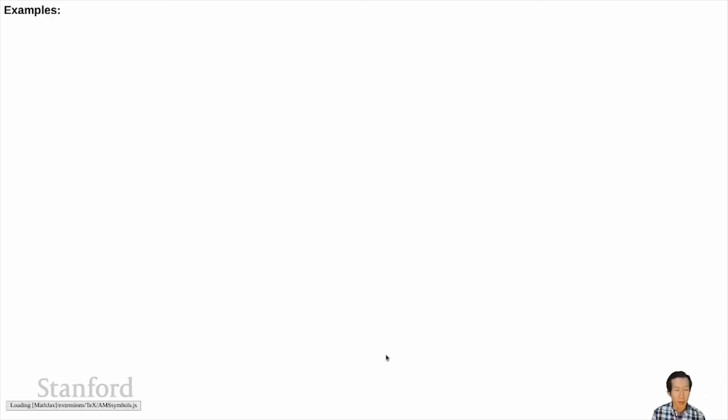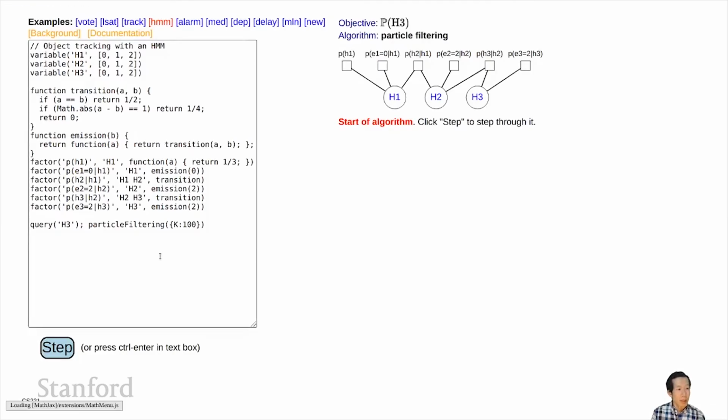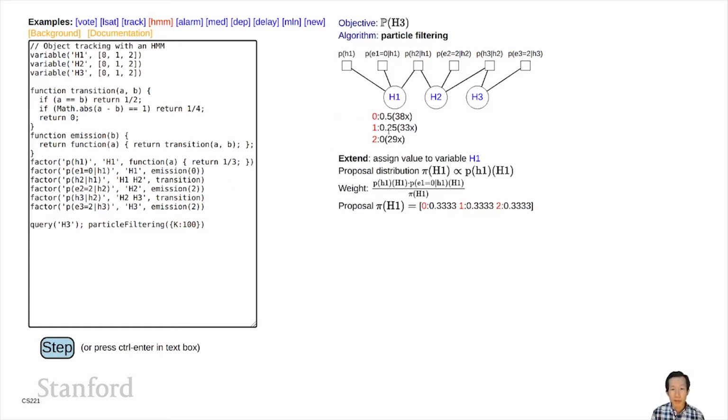Okay, so let's see a demo here. Here I have my object tracking HMM. I'm going to run particle filtering with 100 particles instead of beam search. I'm going to start out by extending just the first variable, and now I have 100 particles, but 38 of them are 0, 33 of them are 1, and 29 of them are 2. And these are the weights.